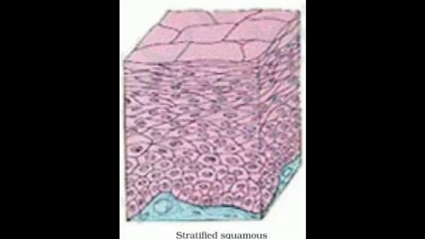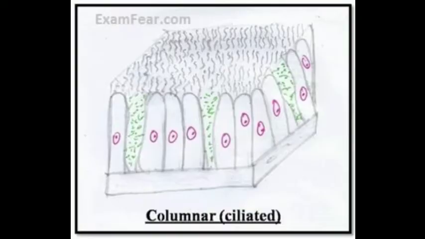Sometimes a number of layers are present. Not only a single type of epithelial tissue is present, there are a number of layers, and it is thicker than simple epithelium, and relatively tough also. Okay, so it will help to receive various stimuli from the atmosphere and convey them to the brain.